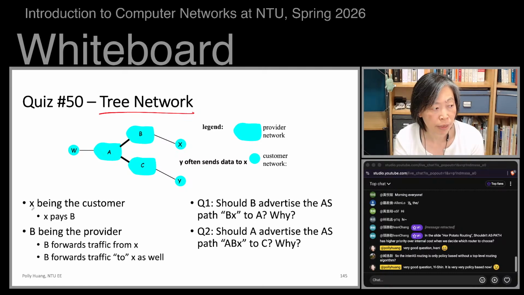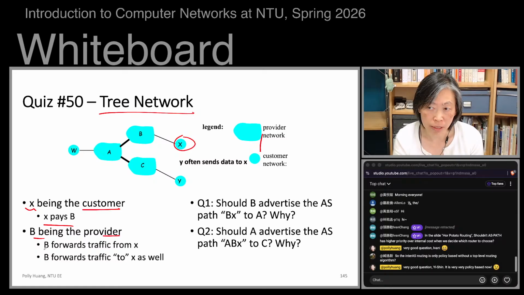So X here is the customer. X pays B. That's how one defines the provider-customer relationship, right? And B is the provider.